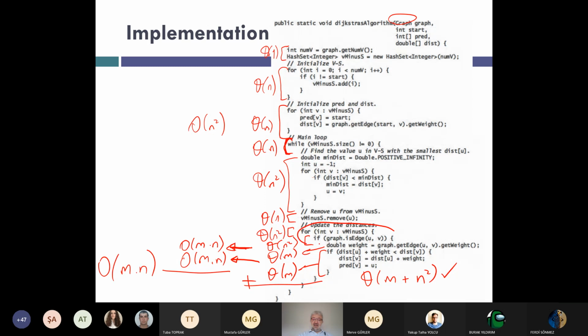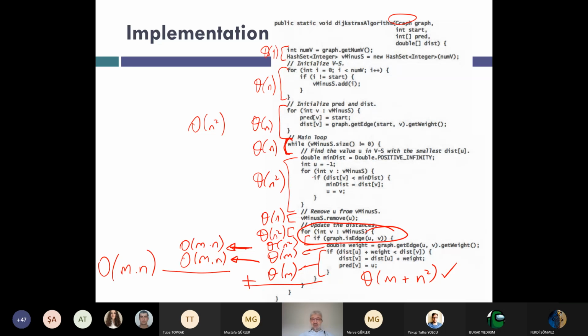If you implement like this, it runs better with adjacency matrix, and the running time for adjacency list is not good at all.